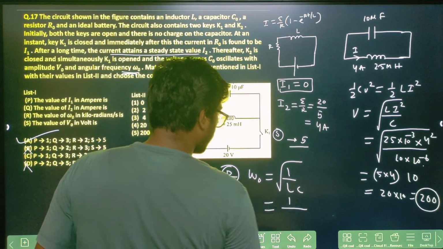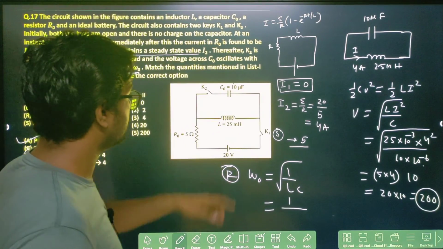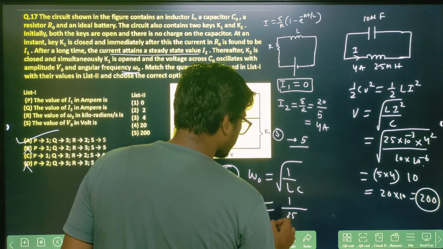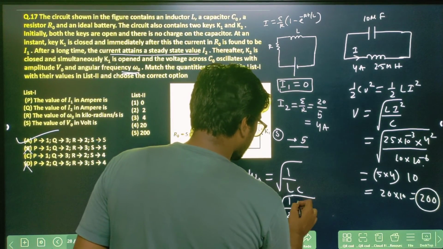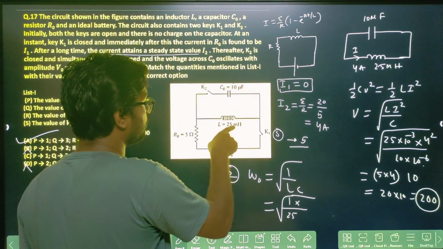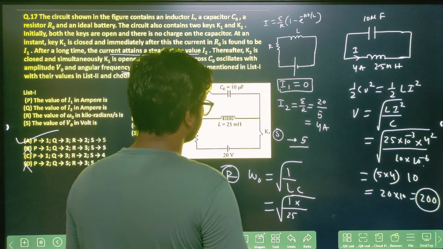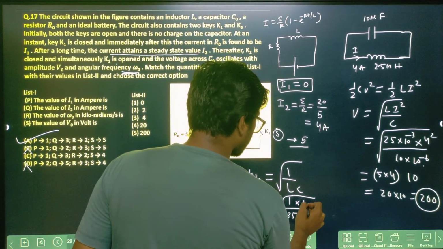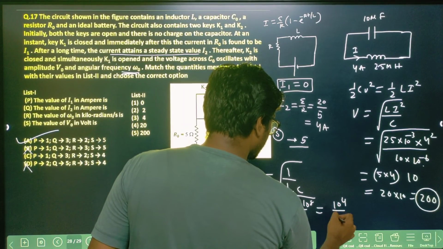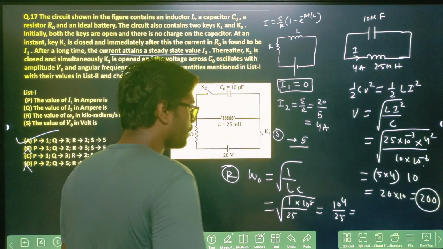So this will be 1 by the root of 25 into 10 to the power minus 5 into 10 to the power minus 3, that is 10 to the power 8, so this will be 10 to the power 4 divided by 25.